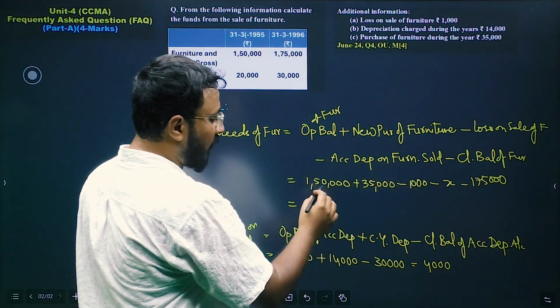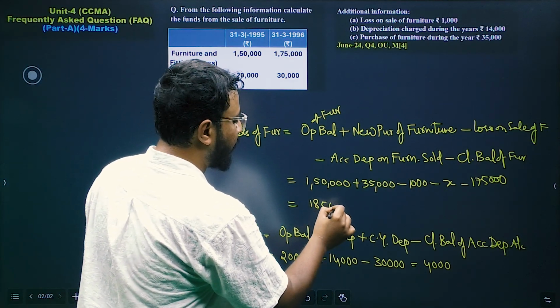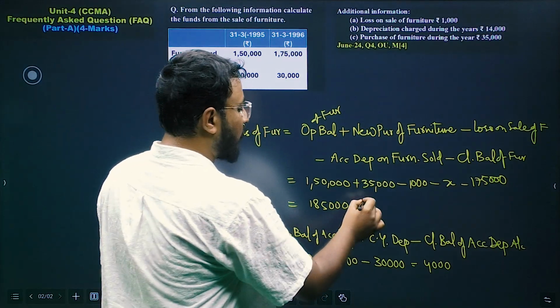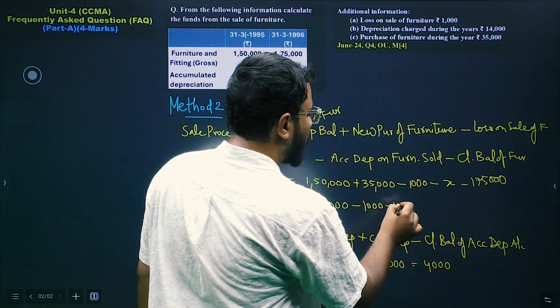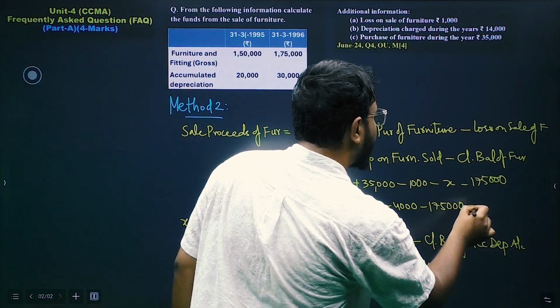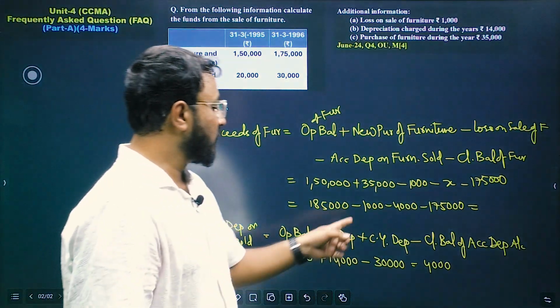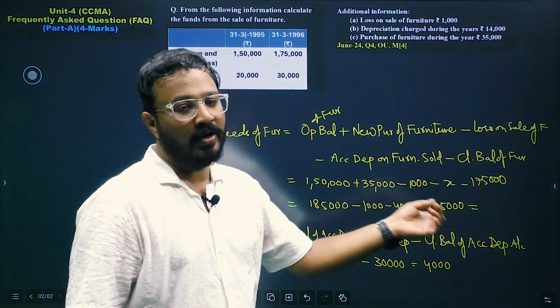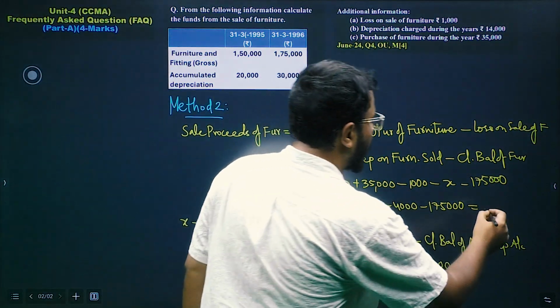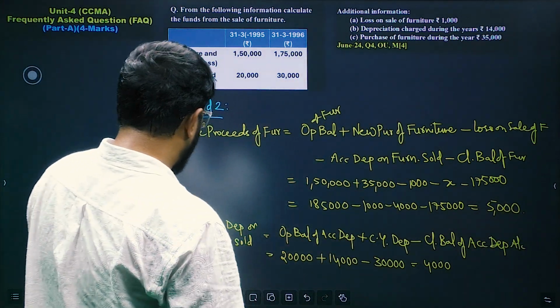Okay, ఇవి యాడ్ చేసేద్దాం. 1,50,000 plus 35 ఎంత? 185. Minus 1,000 minus 4,000 minus 1,75,000. Right? So 1,85,000 minus ఈ రెండు 5,000, 180 minus 175 is 5,000. So final answer is how much?